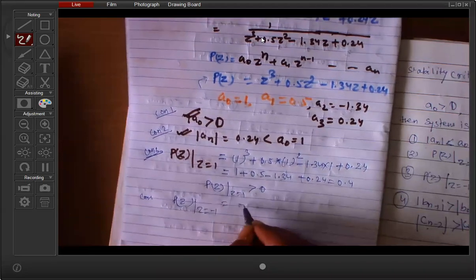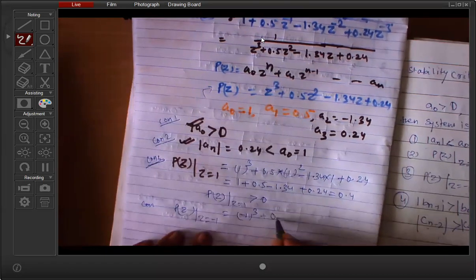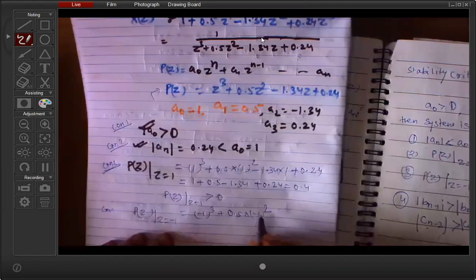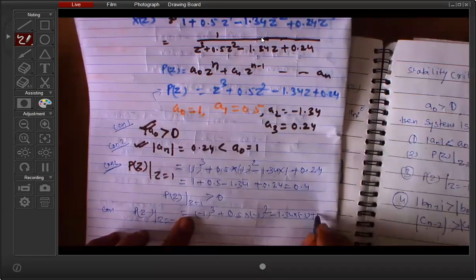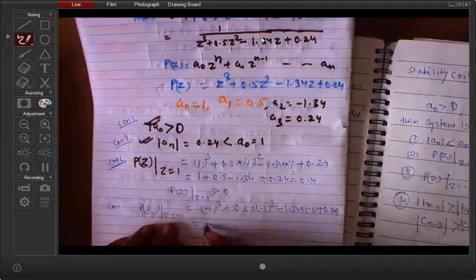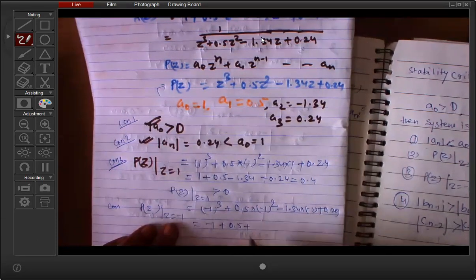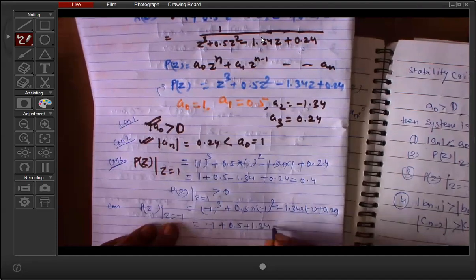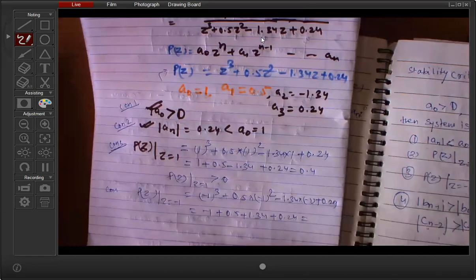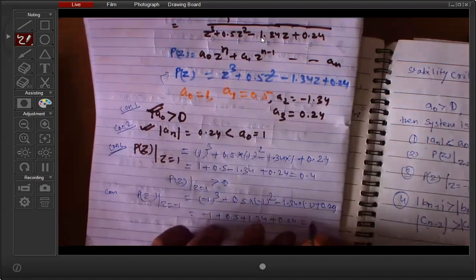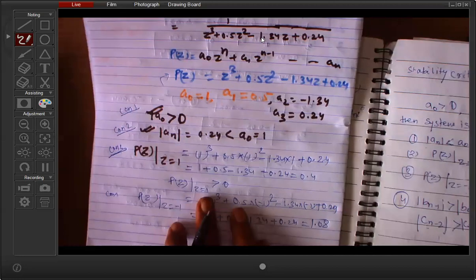So again, minus 1 to the power 3 plus 0.5 into minus 1 square minus 1.34 into minus 1 plus 0.24. So it becomes minus 1 plus 0.5 plus 1.34 plus 0.24. What is the magnitude? Sir, 1.08. So what is the value of n? 3.